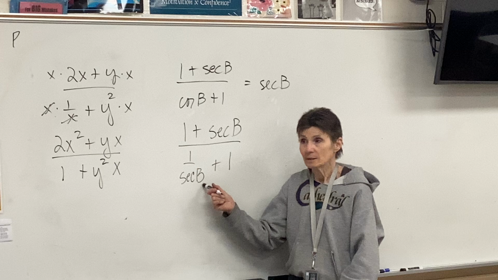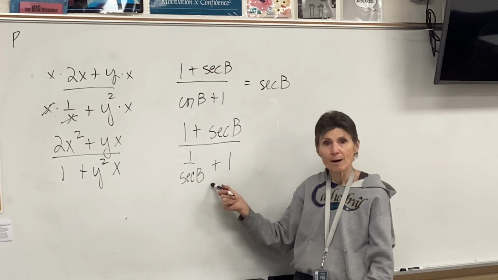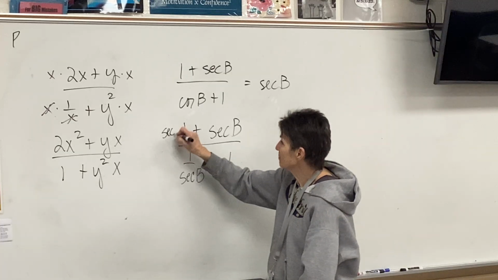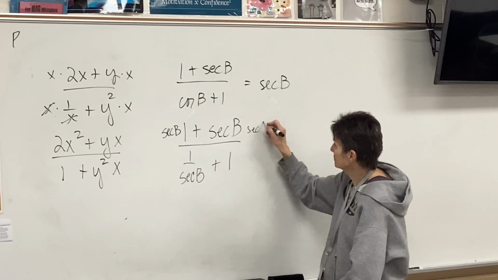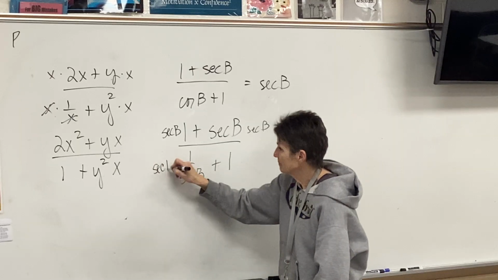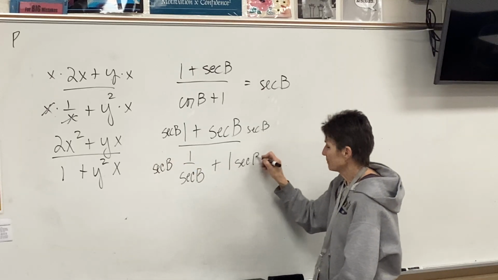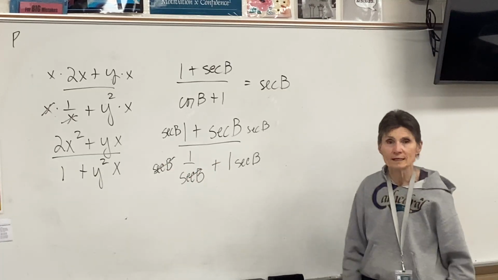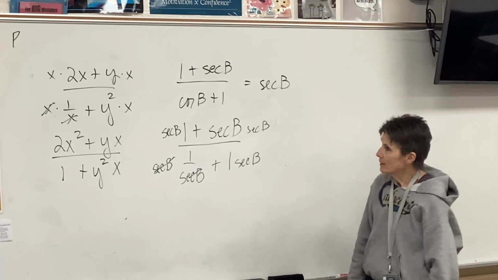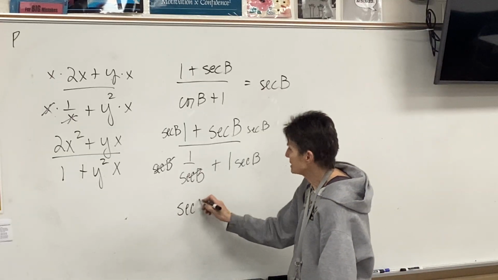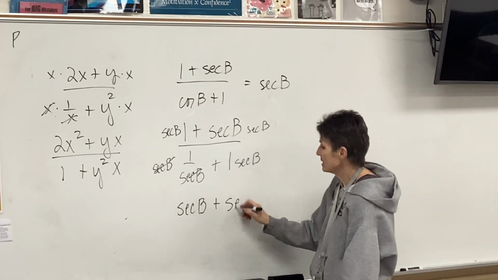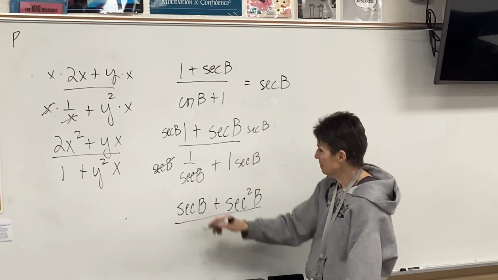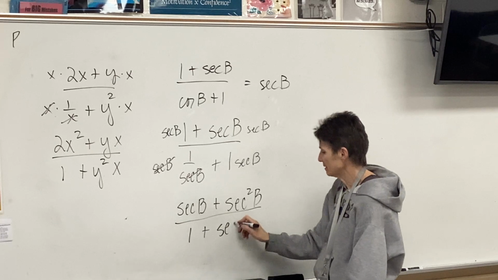Just like that one right there, our only denominator is secant, so let's multiply everything by secant. And that cancels those out, which is exactly what I wanted to have happen. So now on top, I have secant plus secant squared. And on the bottom, I have 1 plus secant.